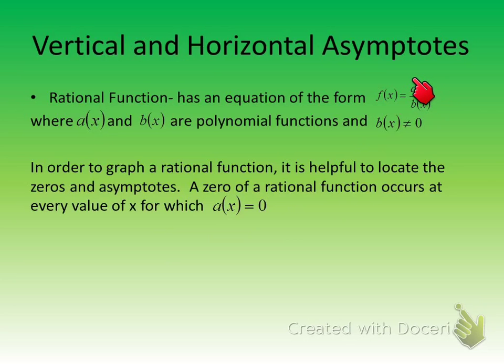So that's important. Your zeros happen where your numerator equals 0. So make sure you know that. If you're going to make a highlight point slide or whatever, that needs to be there. Your zeros are where your numerator equals 0.